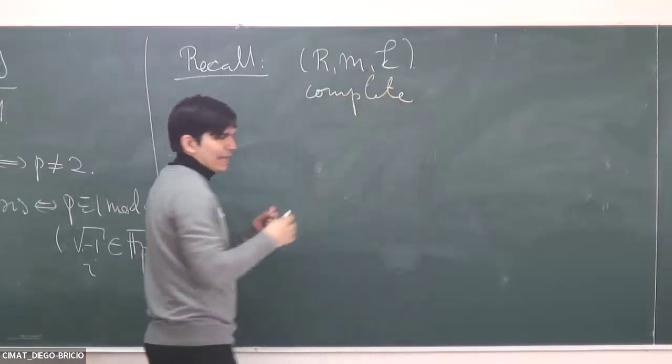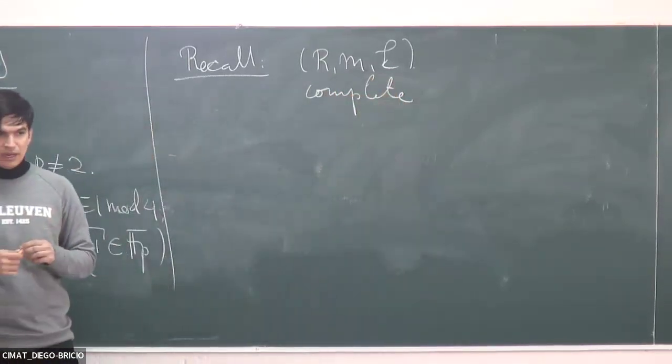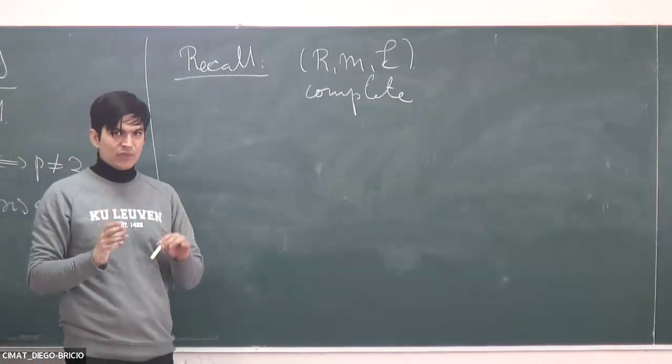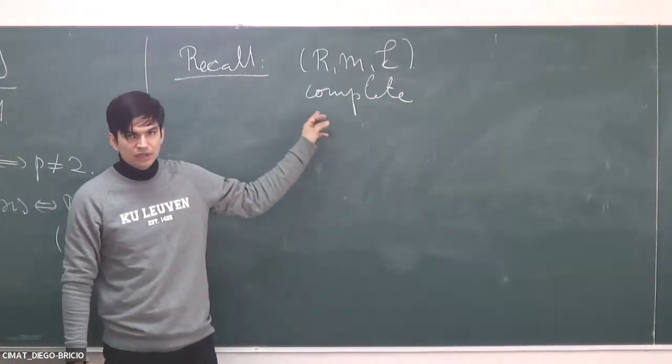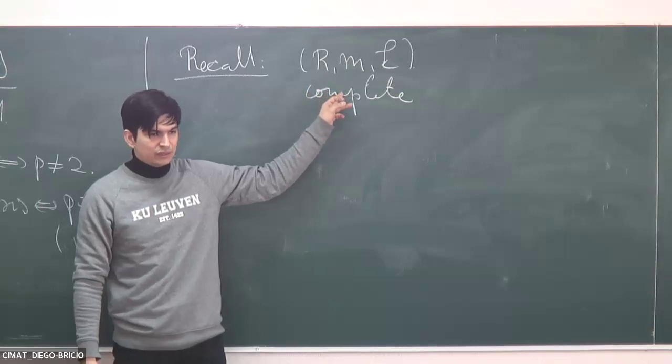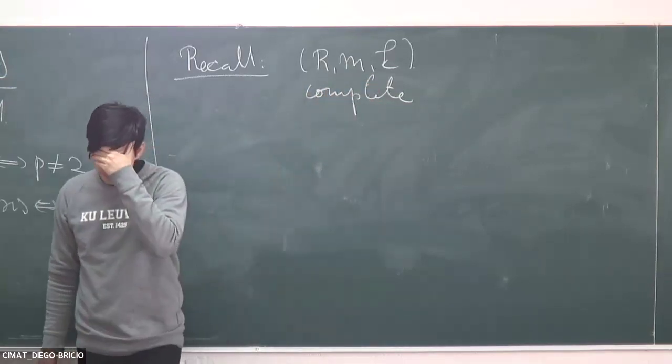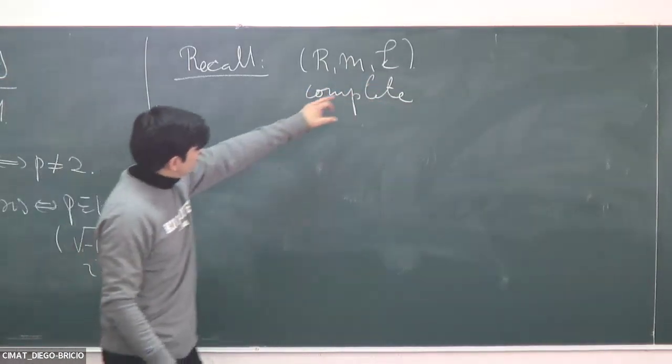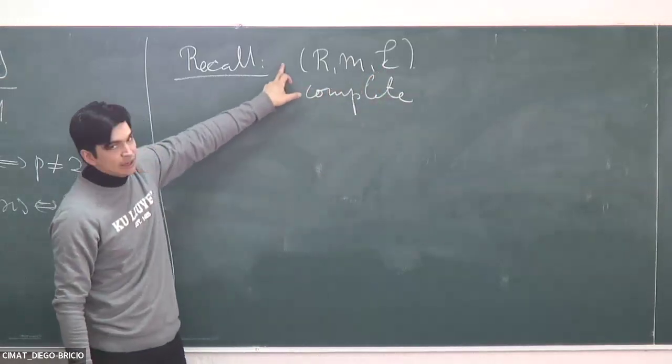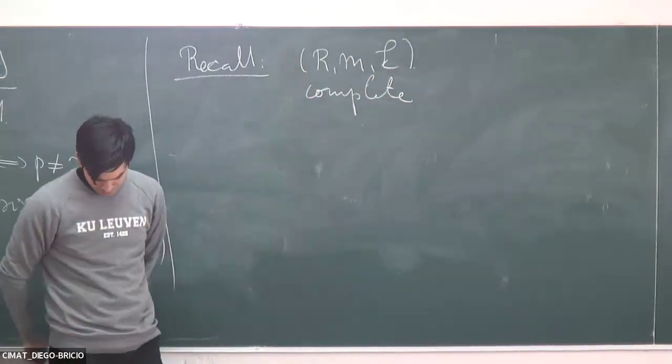In other words, we have an honest singularity, right? Like, that's the way we think of a singularity. We think of a singularity as a complete local ring with residue field k. This is equicharacteristic, then automatically it becomes a k-algebra, right?